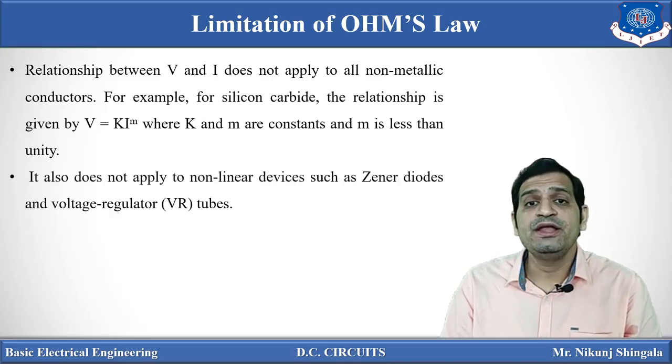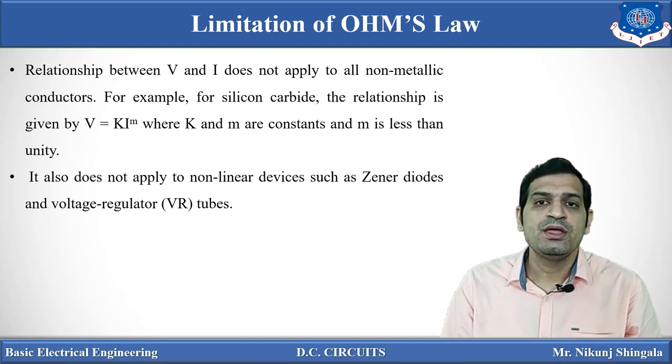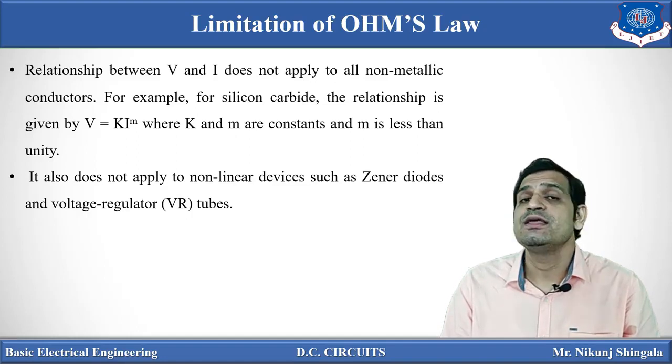The second limitation is what? It does not apply to non-linear devices such as Zener diode and voltage regulator tubes, because diodes and transistors are non-linear devices in which the relationship between voltage and current is not linear.